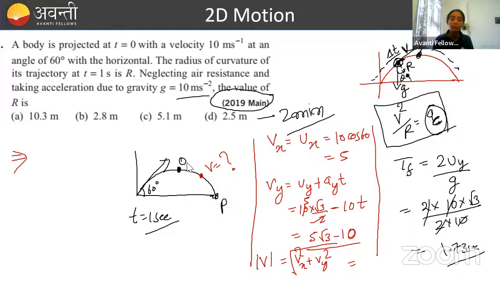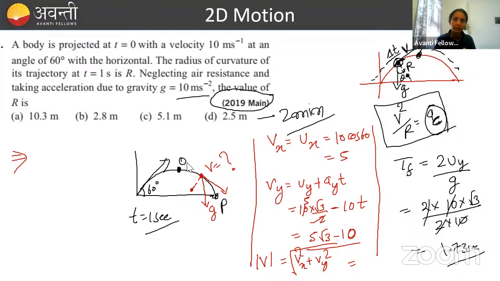Now what we need to do is see what the acceleration value, the AC value, will be. So at this point, velocity is in this direction, right? Suppose the center is here on the trajectory. And acceleration due to gravity is this. What will be the angle made by velocity with this direction?